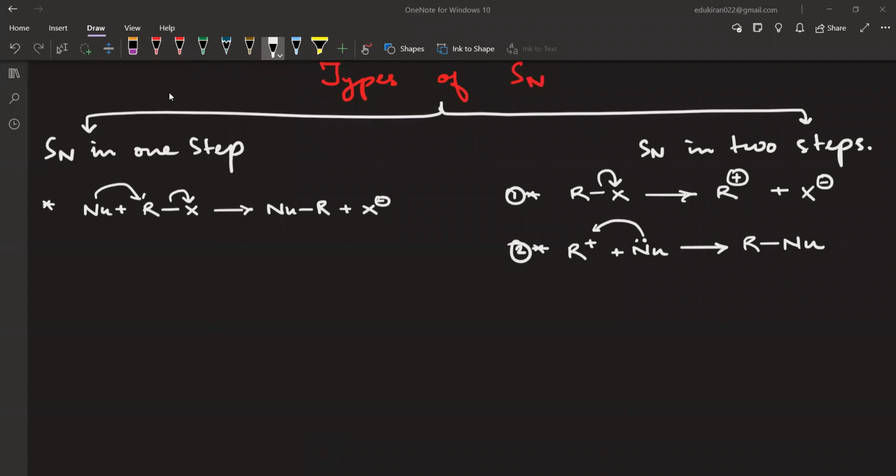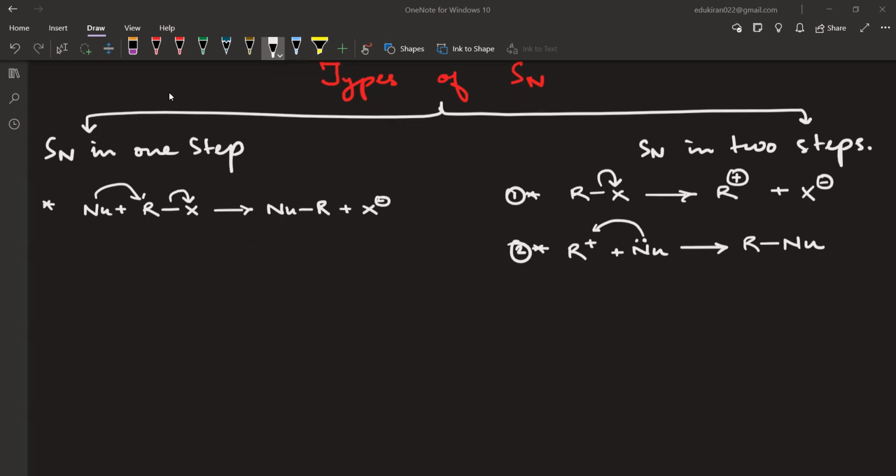First step. Okay. Raise your hand if you know the reason. Nabil, tell me what is the reason? Because it involves the bond breaking between the halogen and carbon. Yeah, correct.